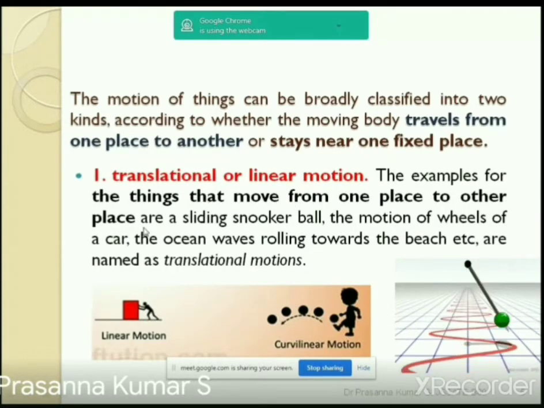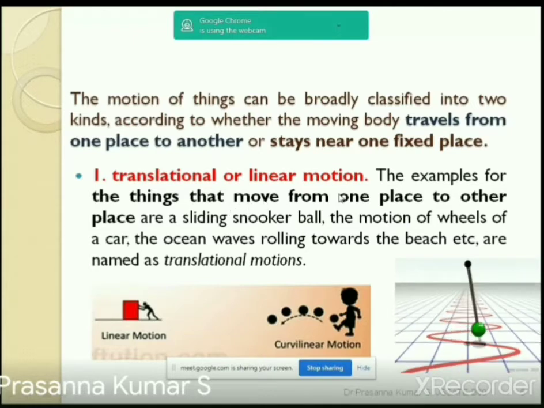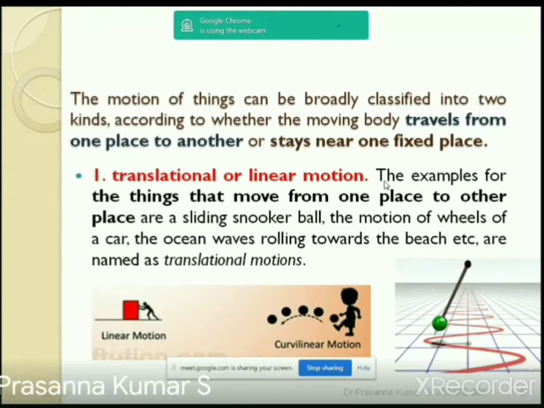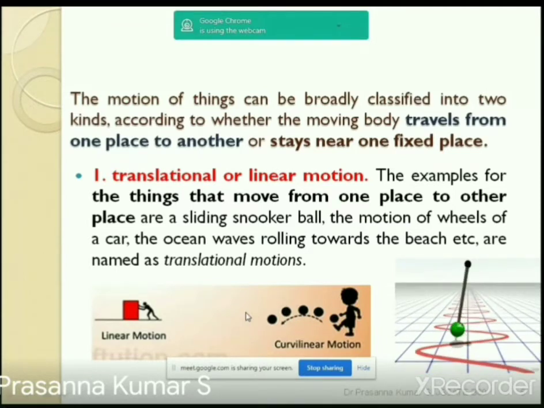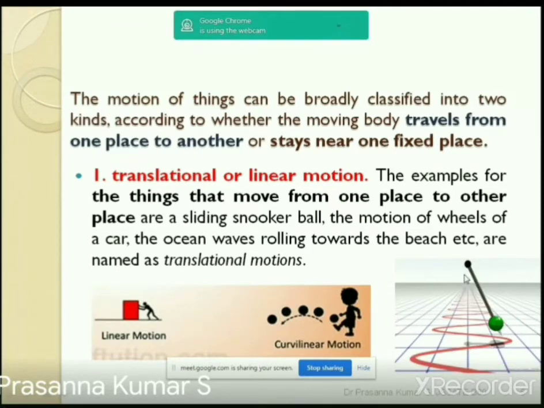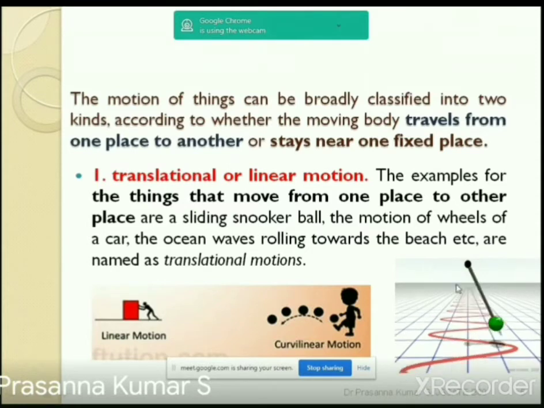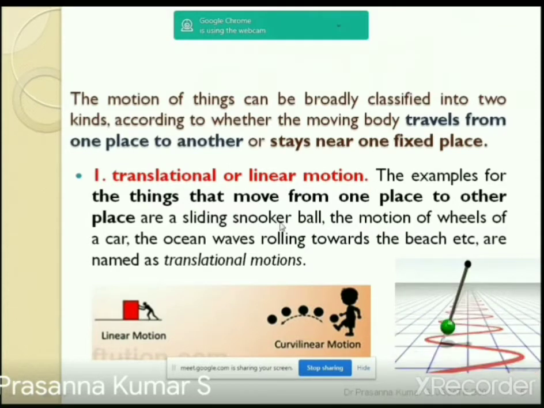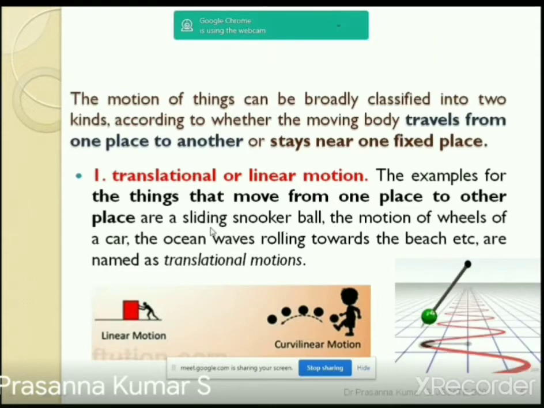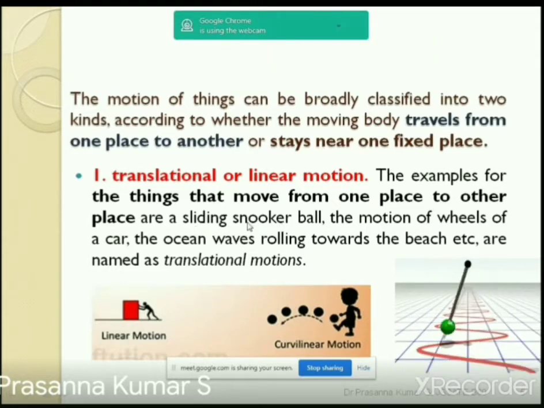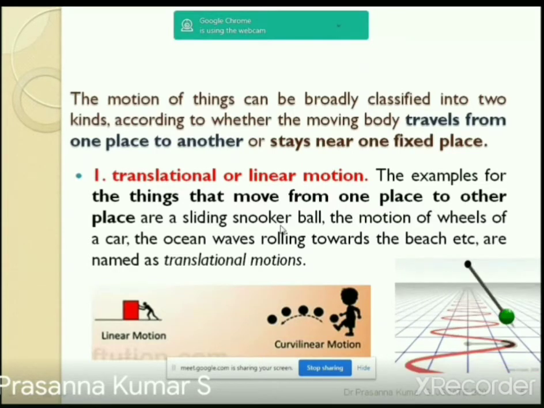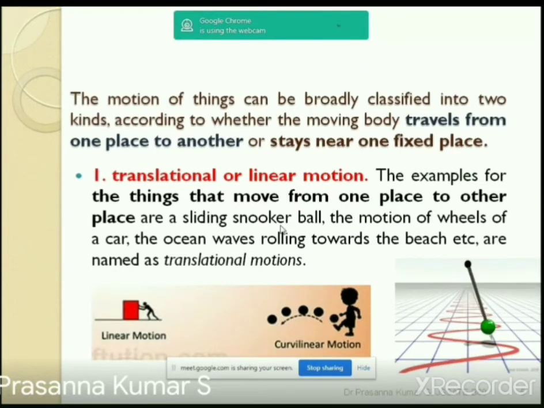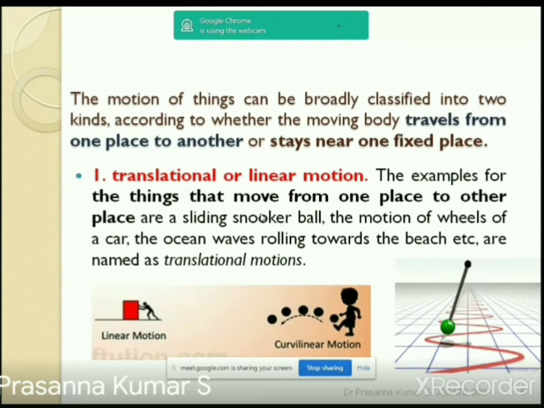Coming to the definition, I already explained the translation or linear motion. Just to show the comparison between the translatory and the oscillatory, I've included this diagram. Don't worry, you already understood. In translatory motion, I can give some more examples, like a sliding snooker ball. When you hit the snooker ball with a striker, it occupies some other position.